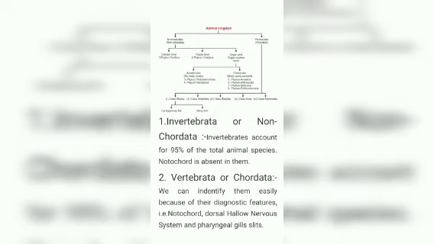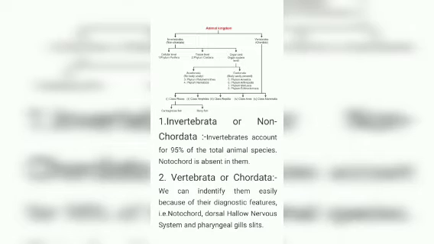And then further, invertebrates can be divided into three parts: cellular level, tissue level, and organ and system level. Under cellular level, phylum Porifera. Under tissue level, phylum Cnidaria. And then we can divide the vertebrates or Chordata into 5 classes, that is class Pisces, class Amphibia, class Reptilia, class Aves, class Mammalia.